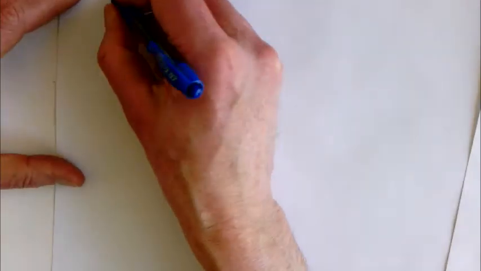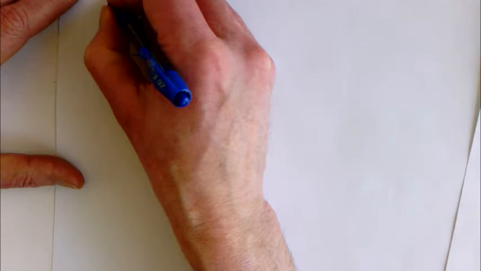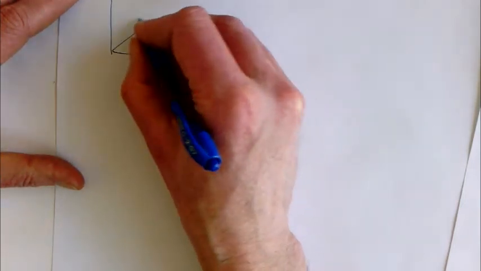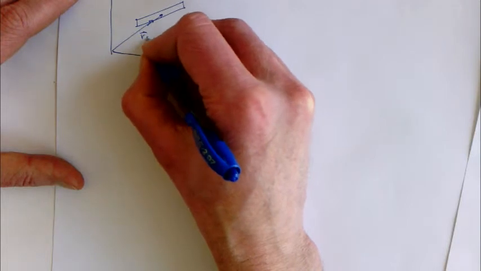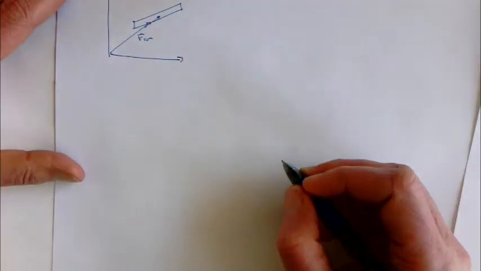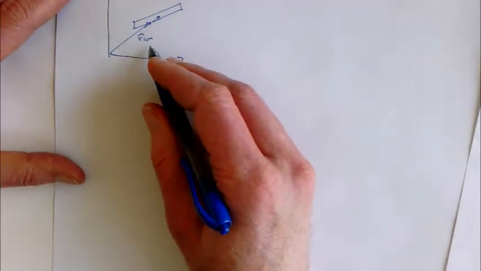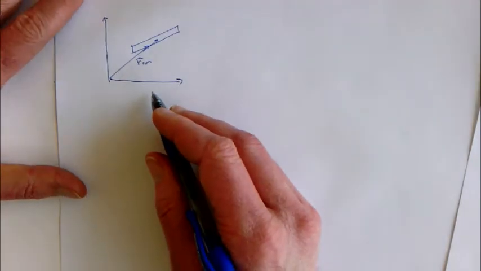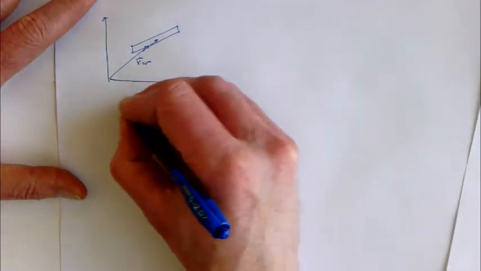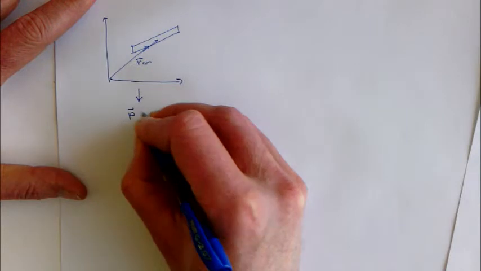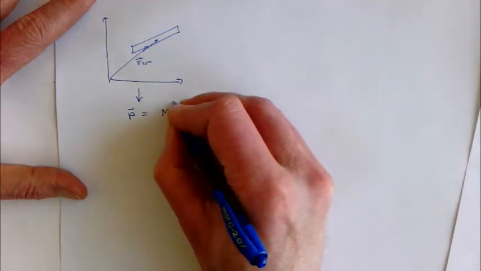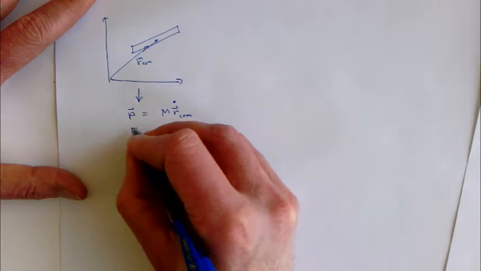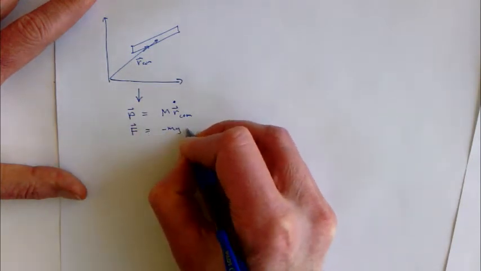The simpler way to get there is to be a little bit more intelligent about our choice of origins for different things. So we still have this situation where this is R_COM, and we're going to use that coordinate system for doing our translational parts of things. So for this coordinate system, the linear momentum is m times R_COM dot, and the forces are minus mg j hat.